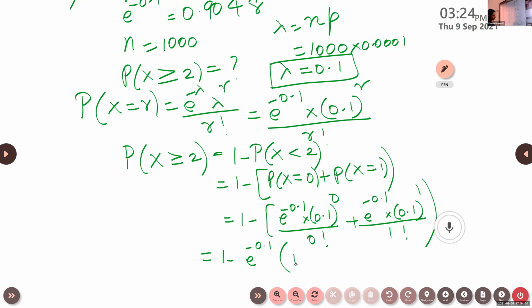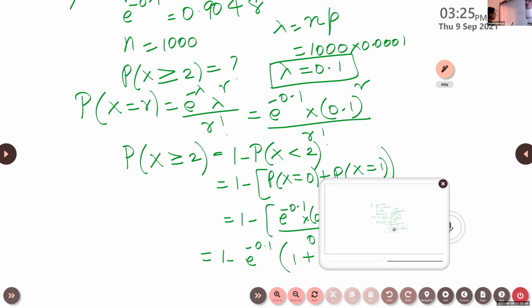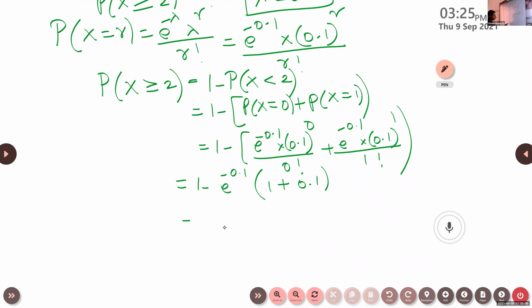Here we will get 1 plus 0.1. Is it correct? Now substitute the values. The values are given there: 1 minus, e raised to minus 0.1 is given as 0.9048, into 1.1. Is it correct? Anila Mohanan, is it correct up to this? Yes, ma'am. Now multiply this, subtract and find the answer.